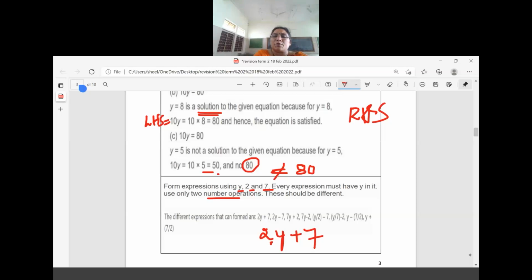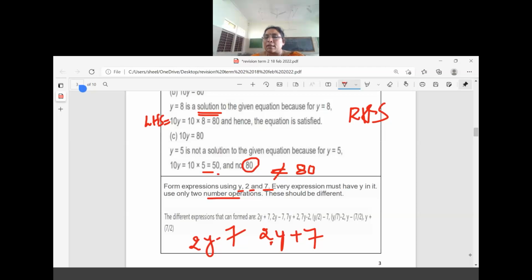Next we have 2y minus 7, the same way: multiplication and subtraction. Then 7y plus 2, multiplication and addition, but what we have changed is that with y we have used 7.